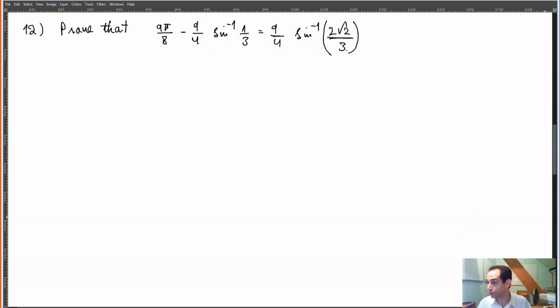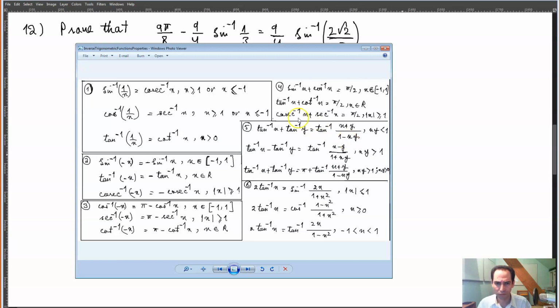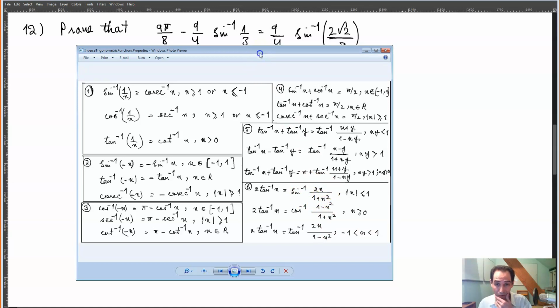Earlier we had the sine inverse of 2x over 1 plus x squared, but not this one.